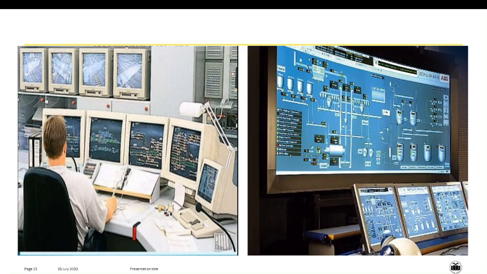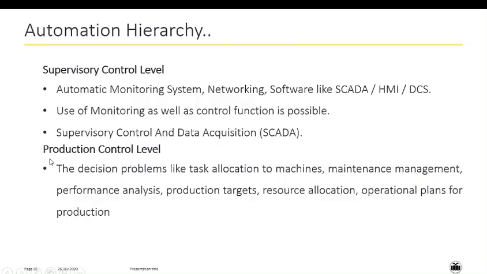In this way, at the supervisory level, we can monitor the various data gathered by the various sensors and actuators with the help of PLCs. Now, the fourth level is the production control level. Based on the data received from the supervisory control level, we have to take certain decisions regarding task allocation to the machines.